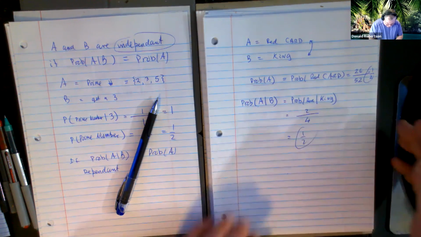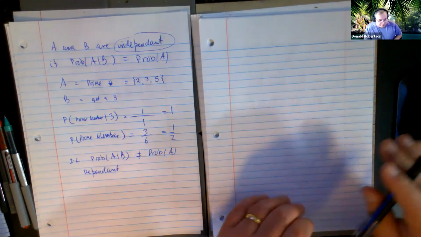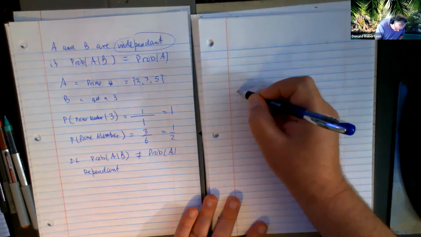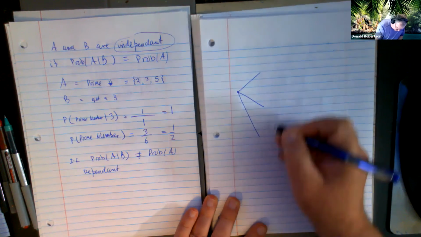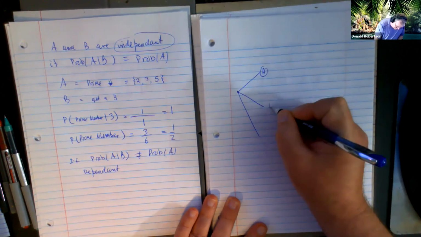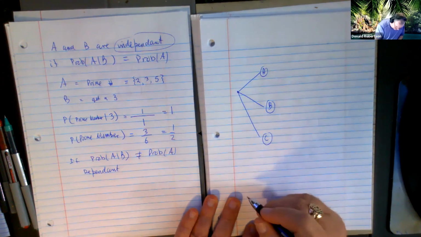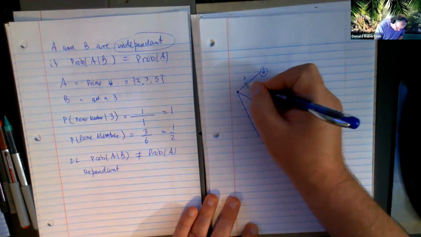Independence, little side issue. Right. Going to do basically tree diagrams. That's what most of this last part is about. So let's have a situation where it could be A, it could be B, and it could be C. And this happens a half of the time.